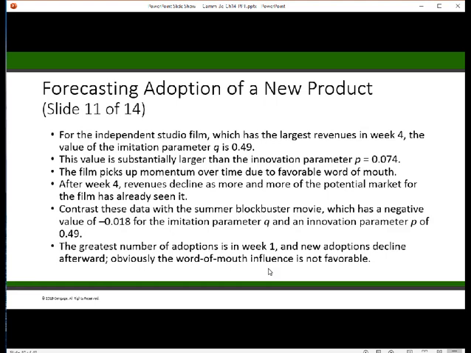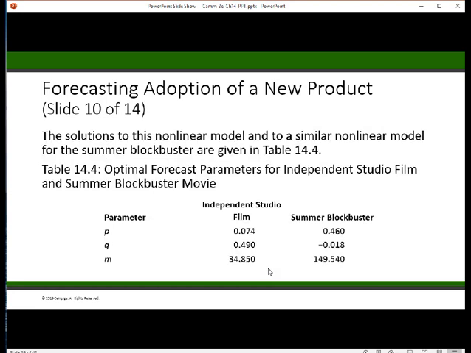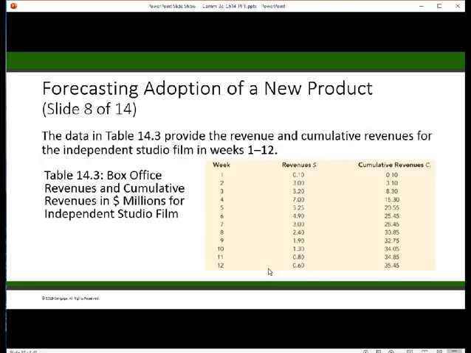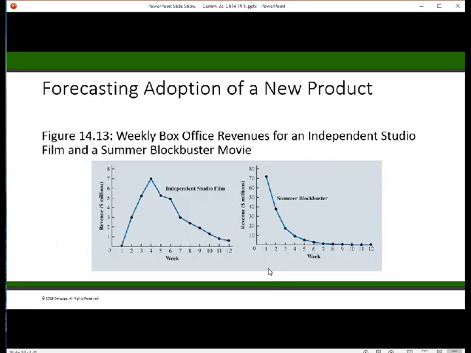And we have our highest revenues for the blockbuster, I'm sorry, the independent movie in week 4. Whereas the blockbuster starts out high and then gradually drops off. So there's an innovation and imitation effect for the independent studio film.